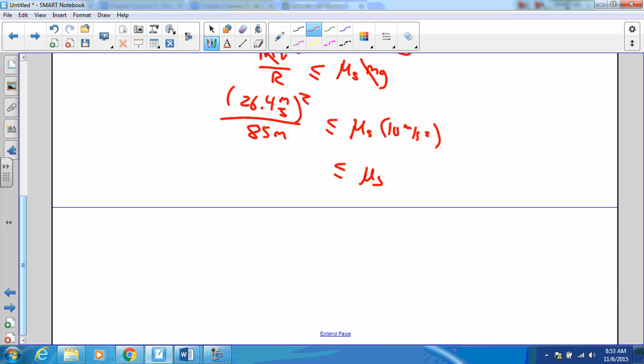We got 41. Yeah, 26.4 squared is 700. So it's actually larger than I was estimating. 0.82. This is totally reasonable for a dry tire, but in rain, your tires are not going to get that kind of a mu, and you should not take curves quickly in rain.